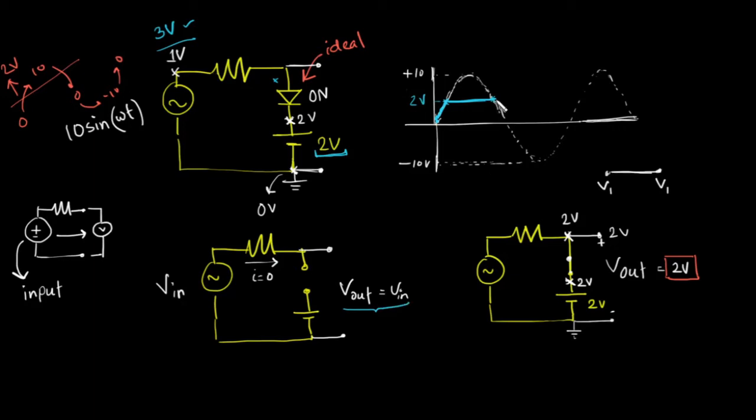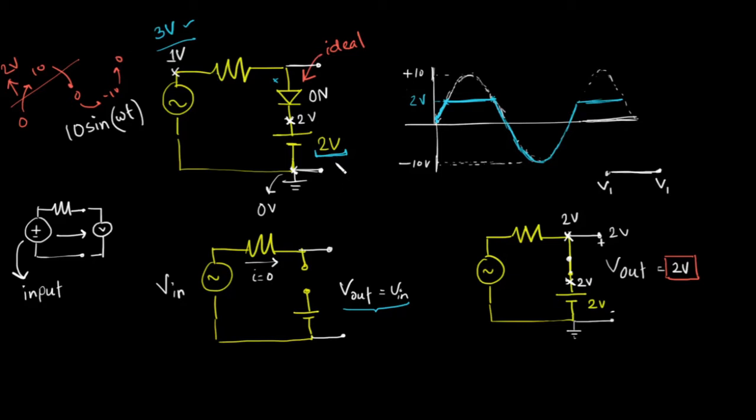So the output will again start to follow the input voltage. Simple as that. And this cycle will continue. So you can repeat this argument for any voltage of this value. Okay, so this is how the positive clipper works.